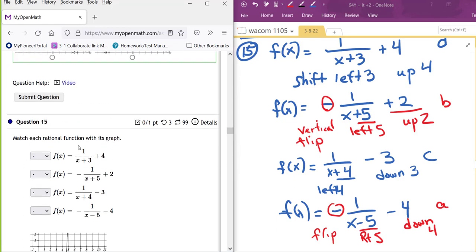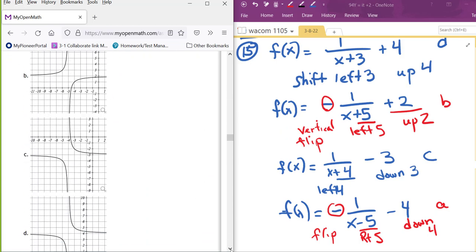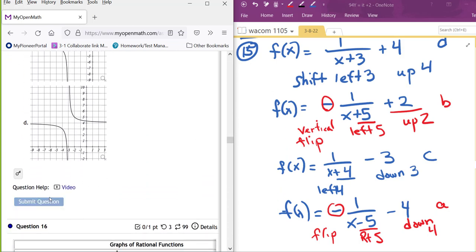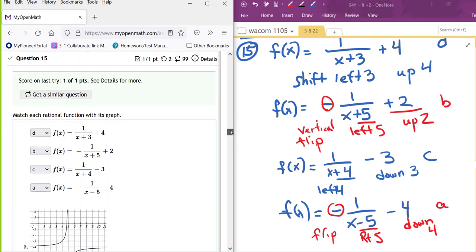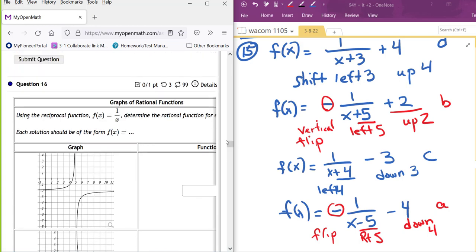And you enter these just on the side here. So the first one we said is D. This one we said is B, C, and this one was A. So you guys doing okay with that?